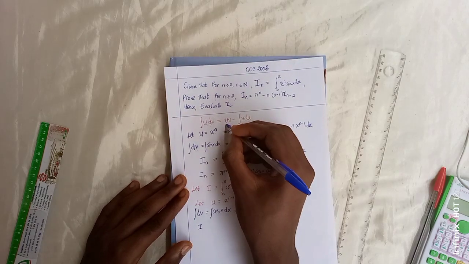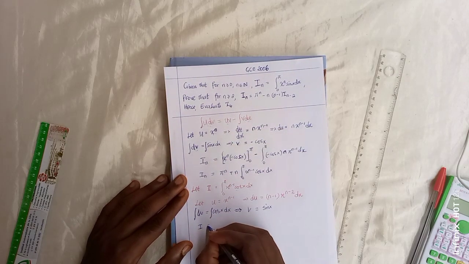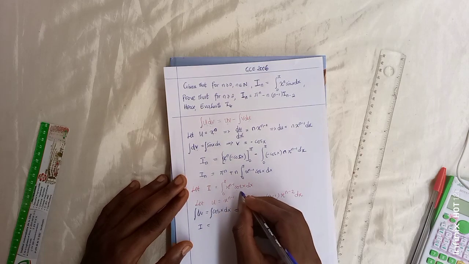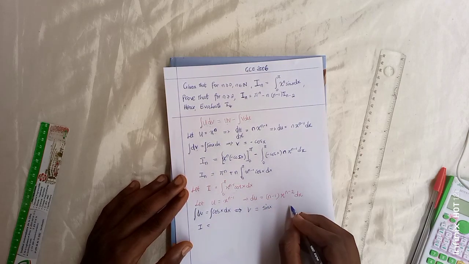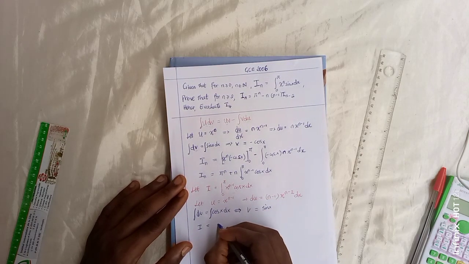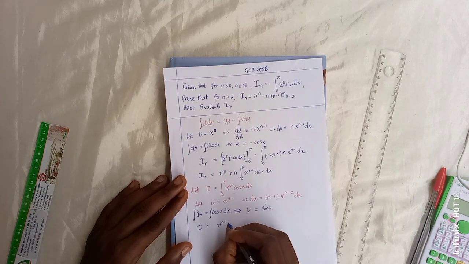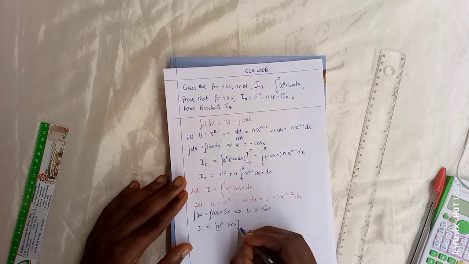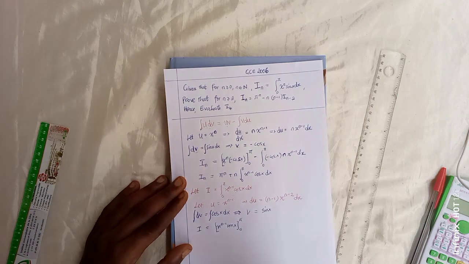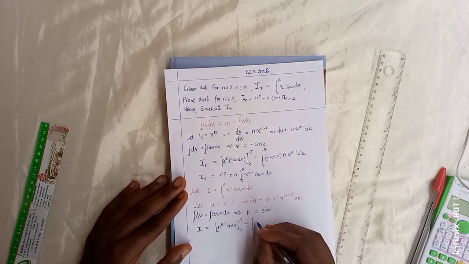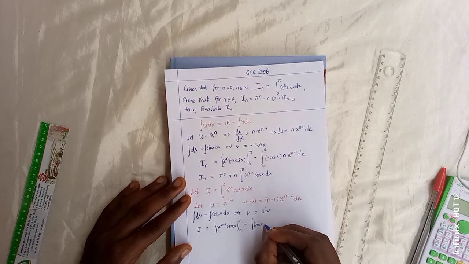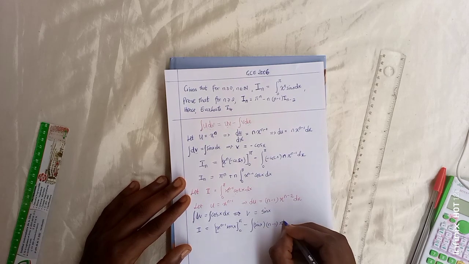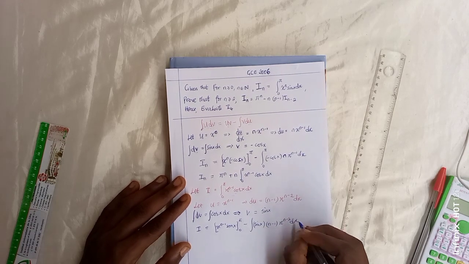According to the integration by parts formula, I is uv, where v is sine x and u is x to the power n minus 1, so x to the power n minus 1 sine x, with limits from 0 to pi, minus the integral of v du. v is sine x, and du is n minus 1 times x to the power n minus 2 dx.